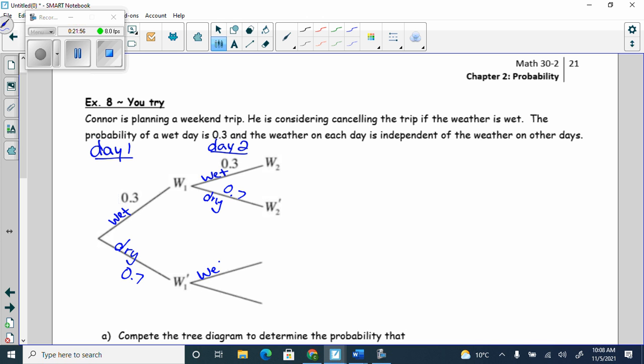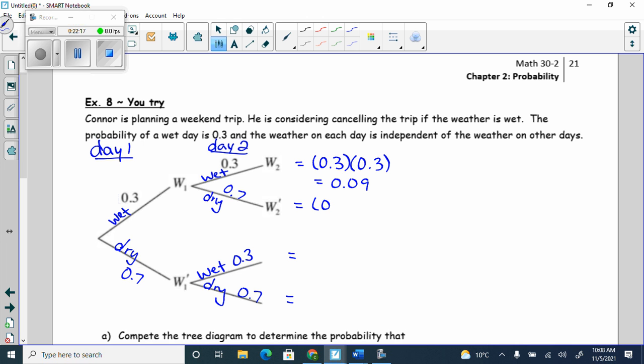And then say it rains, so it's wet, which is 0.3, or dry, which is 0.7. Either way, we're going to get 0.3 times 0.3, which is 0.09.